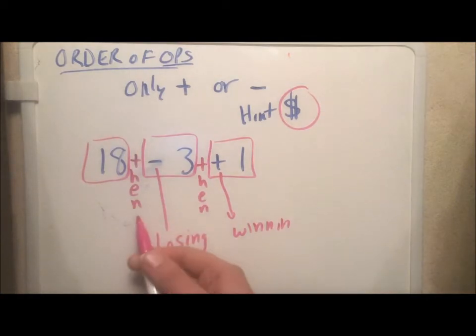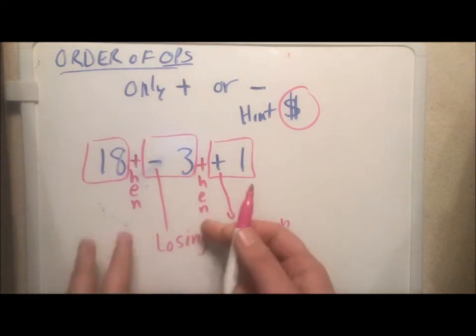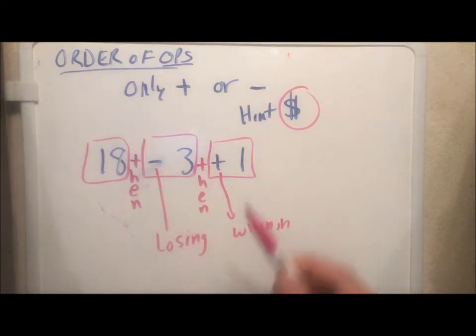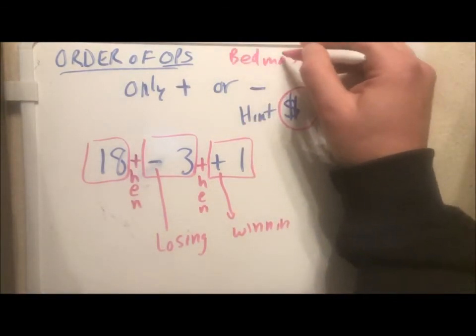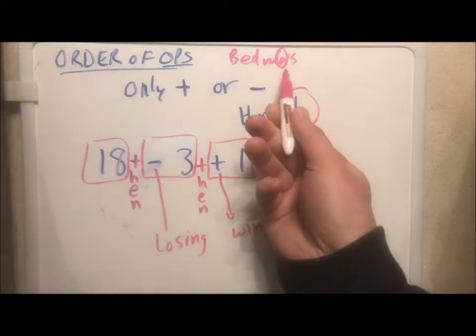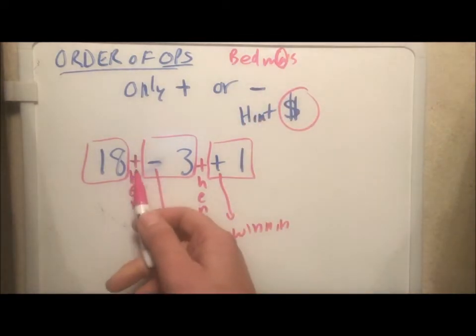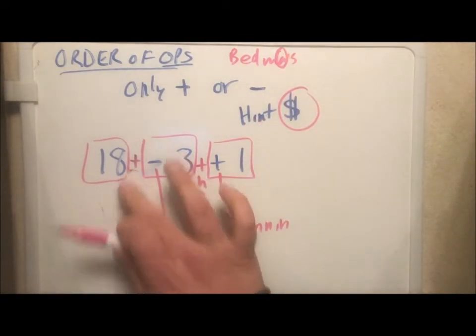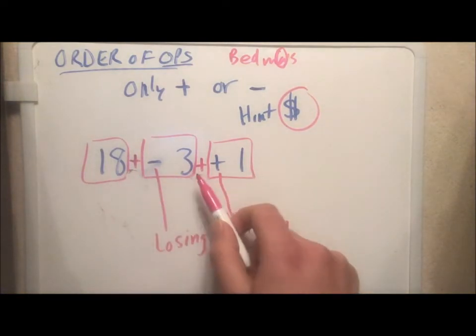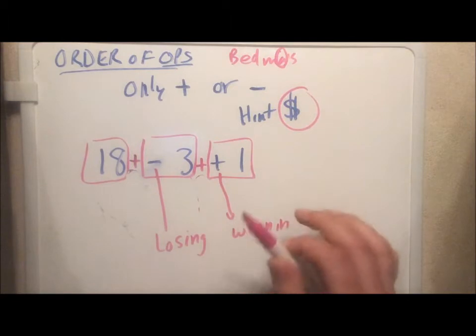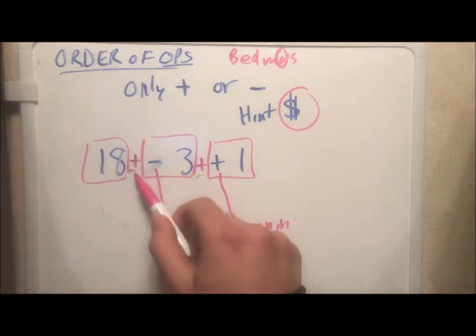So when we think of this word "then" in place, in the order of BEDMAS, BDMAS, we technically are doing the addition first. We've introduced a new addition sign, so I'm just going to take out that part. Now we have 18 plus minus 3 plus 1. Don't be scared of that. It just means "then." That's all it means.